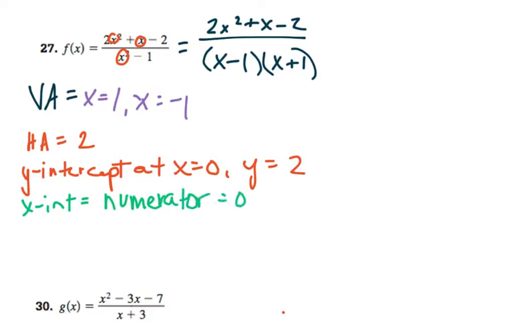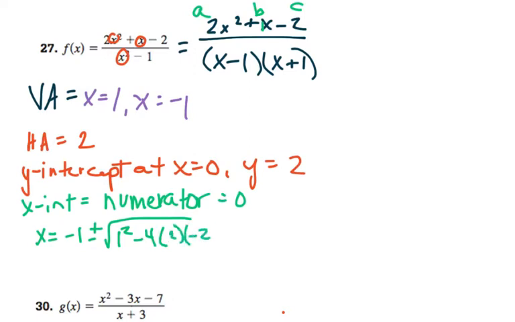In the quadratic formula, we'd have an a of 2, a b of 1, and a c of -2 in order to put it into x equals -b plus or minus the square root of b squared, which is 1, minus 4a, which is 2, c, which is -2, all over 2 times a.